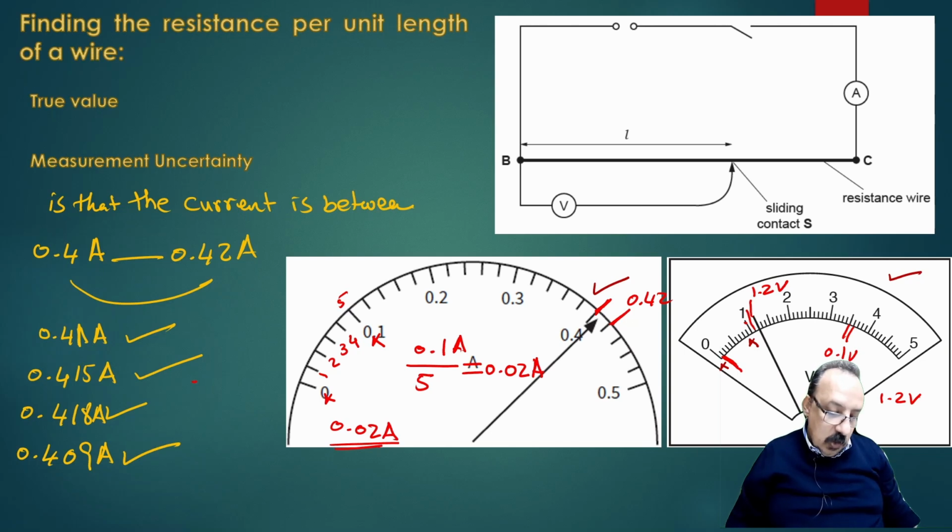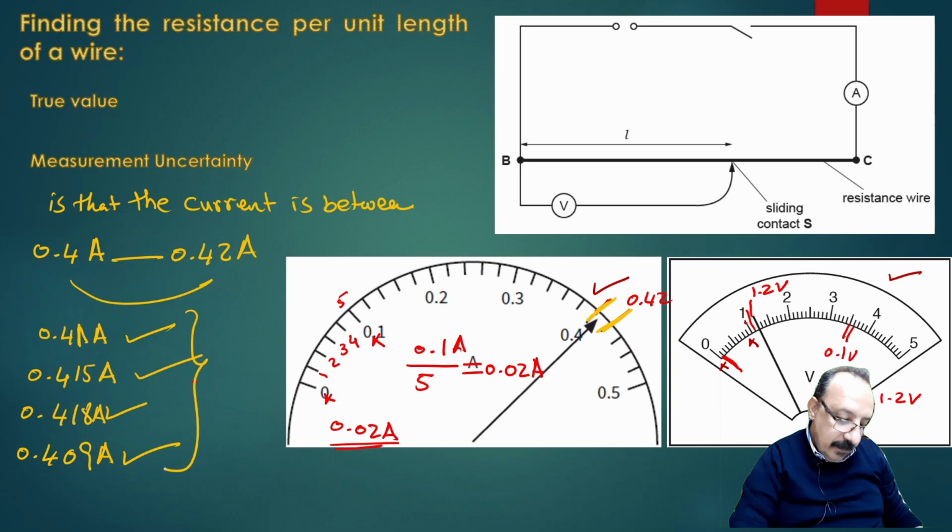Okay, so you notice here that since the pointer was between two scale lines, we had an uncertainty in measuring the scale.